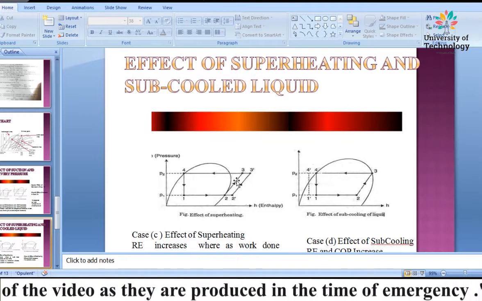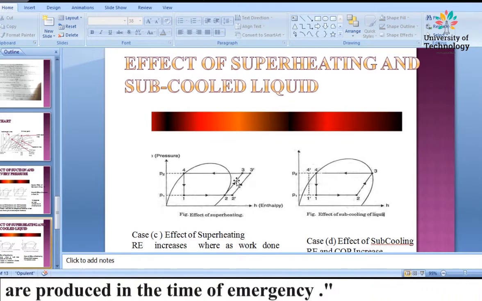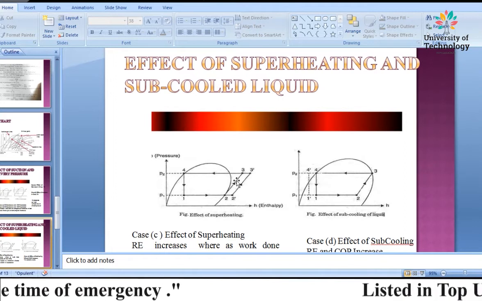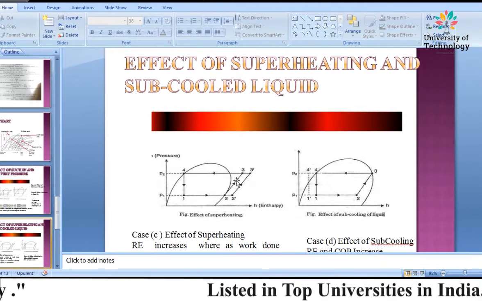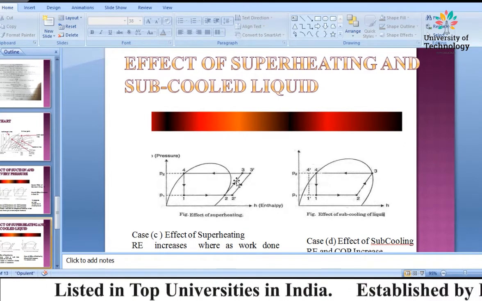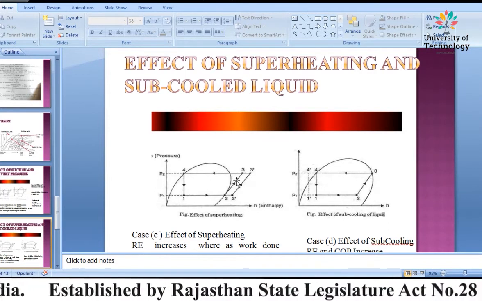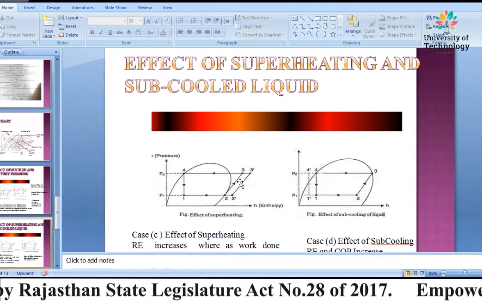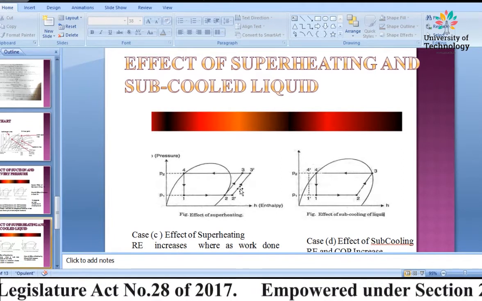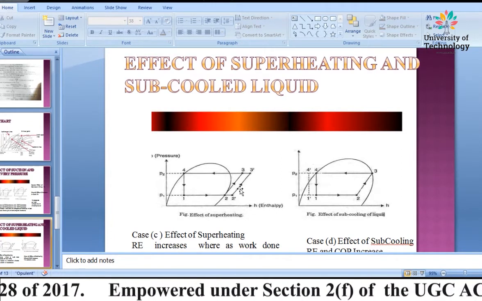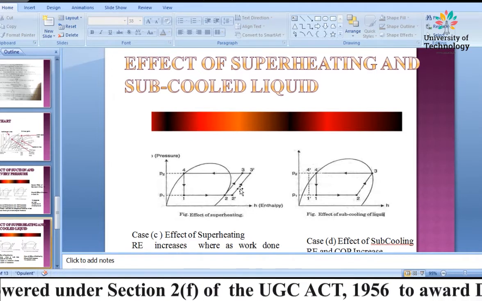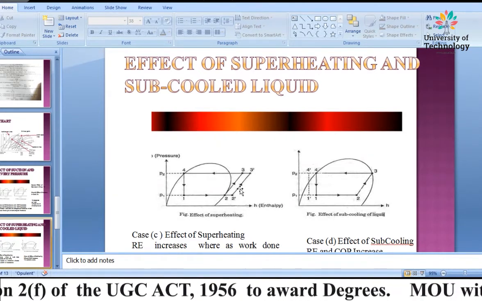In the case of R12 refrigerant, the COP of the refrigeration system increases. In the case of refrigerant R717, that is ammonia, the COP of this refrigeration system decreases by superheating.